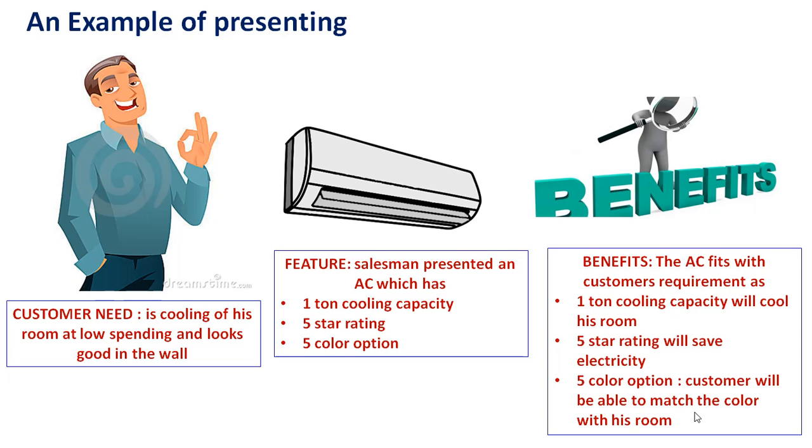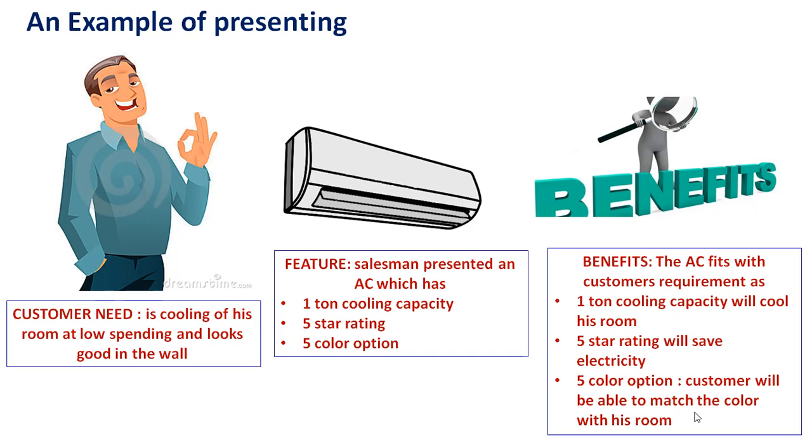The benefits: the AC fits the customer requirement, because 1 ton cooling capacity will be enough to cool the room of the customer. It may be an office room or his drawing room or bedroom. And the 5-star rating is basically related to electricity consumption; the higher the star rating, the less electricity it consumes.